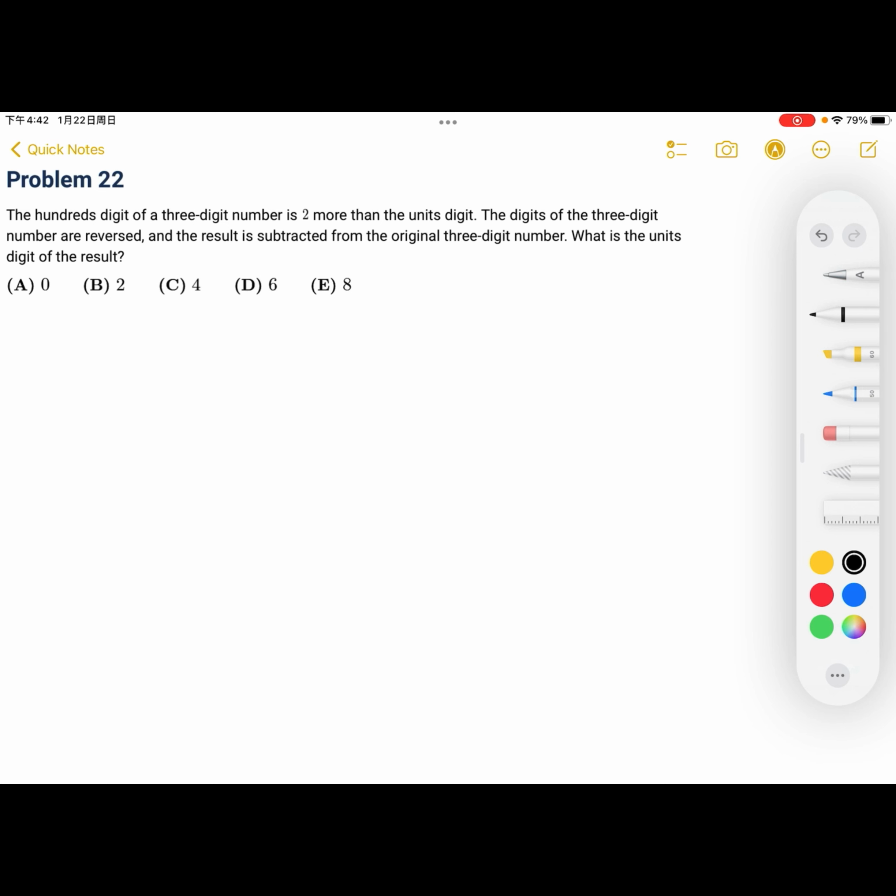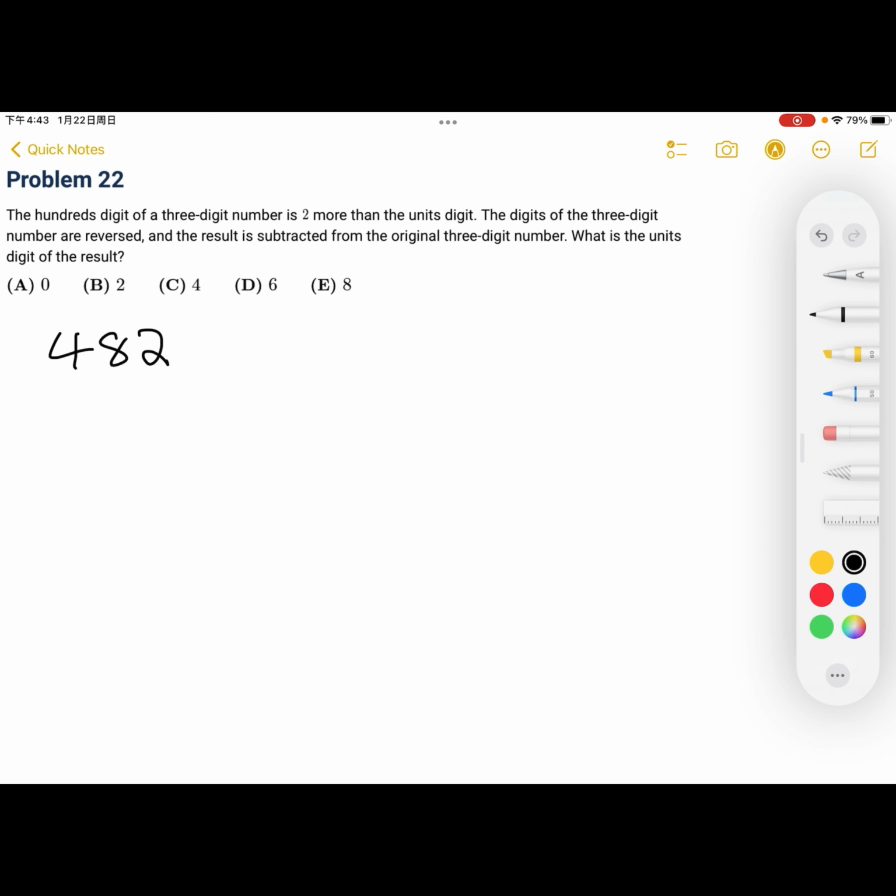Okay, so these problems are quite easy because all you have to do is set up an example and you'll have your answer. So let's say I have the number 482. This satisfies the first restraint, the only restraint, because the hundreds digit, which is 4, is 2 more than the units digit, 2.